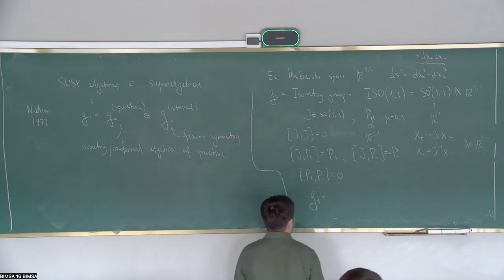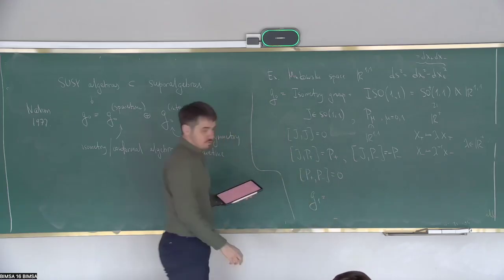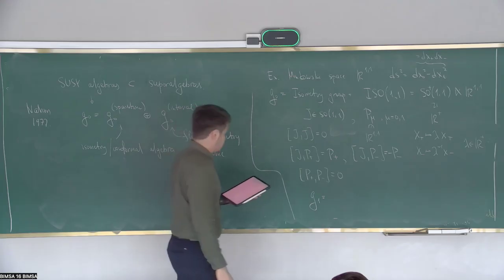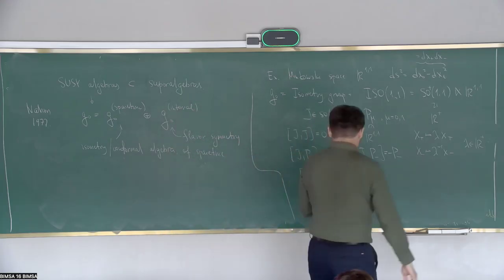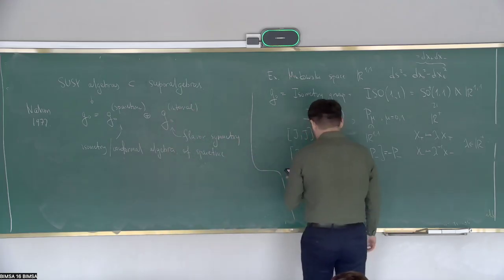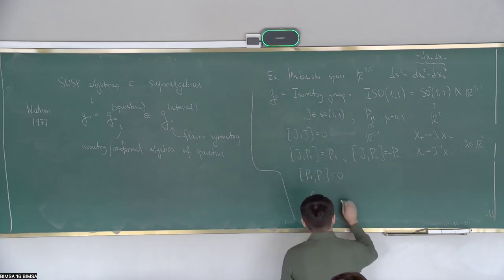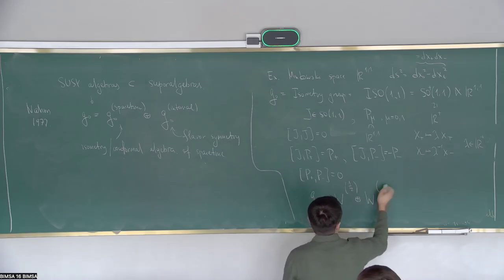We saw before that G1 is a representation of G0. So we take the sum of two one-dimensional representations, with charges 1/2 and minus 1/2, which I denote W.